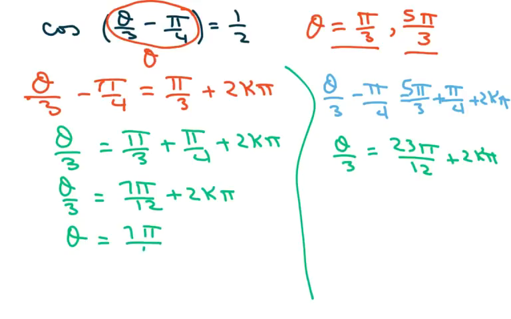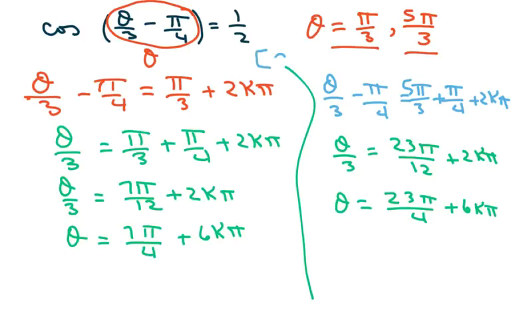plus 6k pi. And this one's going to be theta equals 23 pi over 4 plus 6k pi. Now remember, we have to go from 0 to 2 pi. Now if k is 0, we only have 7 pi over 4.